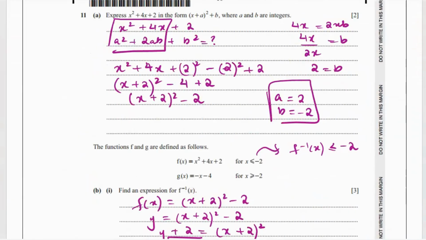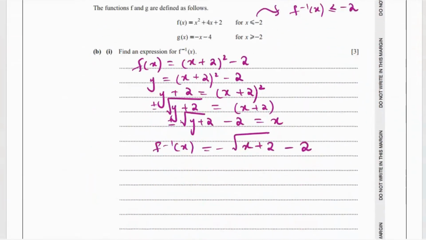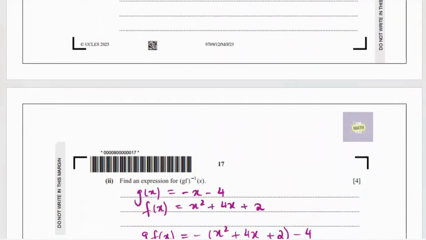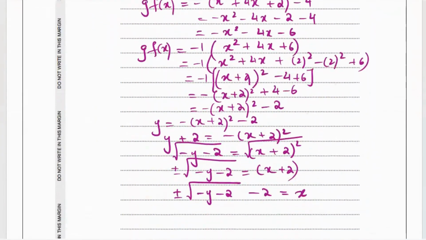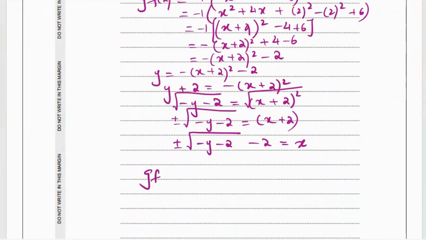As you can see, for g of x the domain is x greater than or equal to negative 2, so the range of the inverse is going to be greater than or equal to negative 2, which means we will pick the negative root again. So g f inverse of x is going to be negative root of negative x minus 2, minus 2. That is the inverse of this composite function.